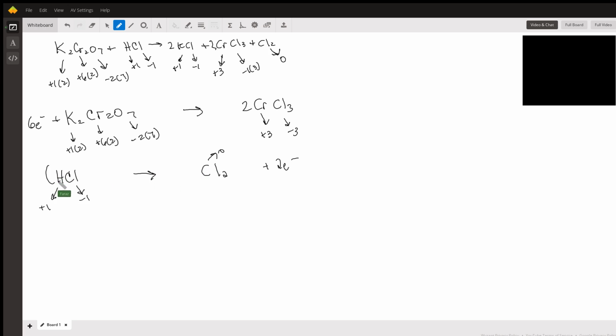So now what I'm going to do is I'm going to multiply this by 3. And the reason I multiply this by 3 is I get 2 times 3, which will give me 6 electrons. I can cancel out the electrons. So I am going to go ahead and add all this together. The electrons are going to end up canceling out, so I'm just going to cancel those out. I'm going to get K2Cr2O7 plus 3 HCl so far, yields.